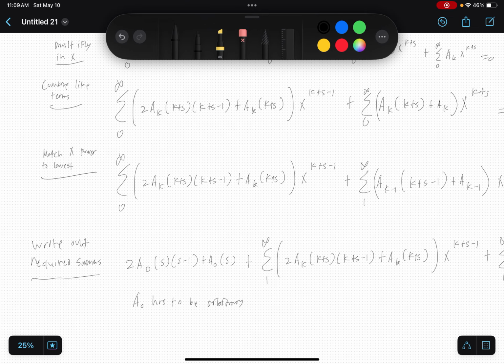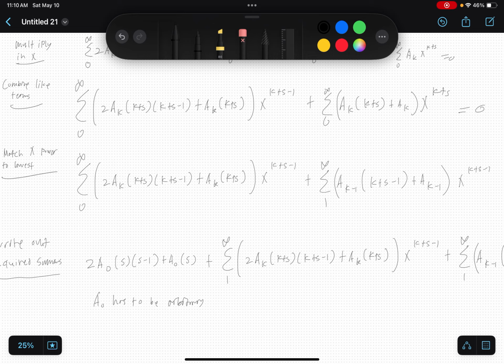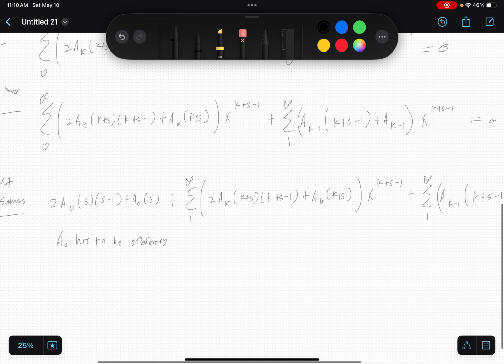A way that we would have an a1 as well is if this sum had to be rewritten as 2 to infinity. Then we would have to write out the a0 term and the a1 term. But in our case, all we had to do was write out the first term. So a0 has to be arbitrary.